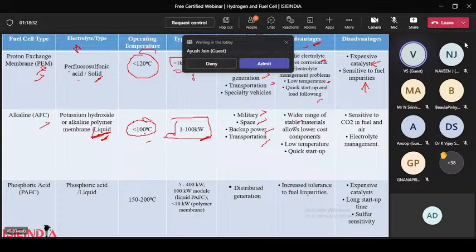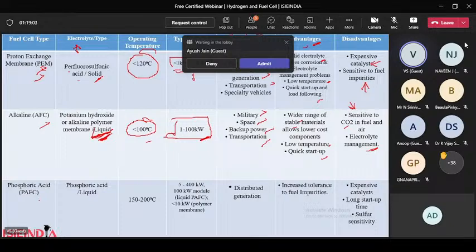The material used inside the AFC is low cost, and it has low temperature and quick startup. The advantages are quite similar to the PEM, but coming to the disadvantages, it is sensitive to CO2. Suppose there is CO2 in the fuel, this fuel cell will be sensitive towards it. And having a liquid electrolyte, this fuel cell needs electrolyte management.